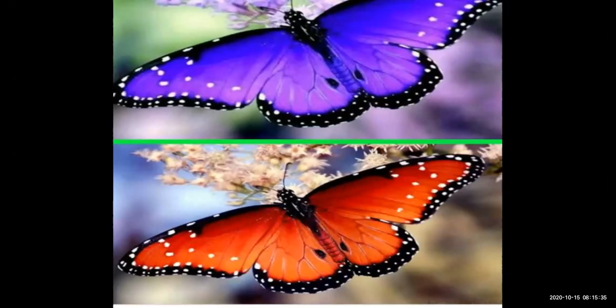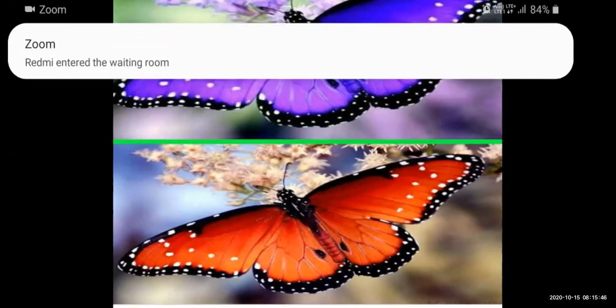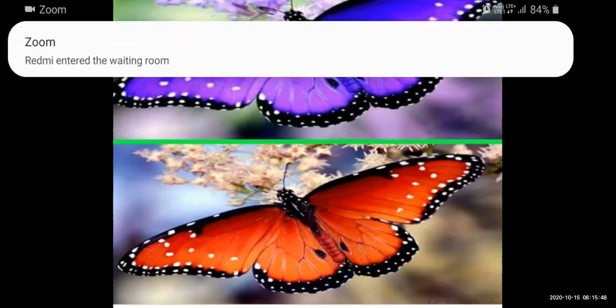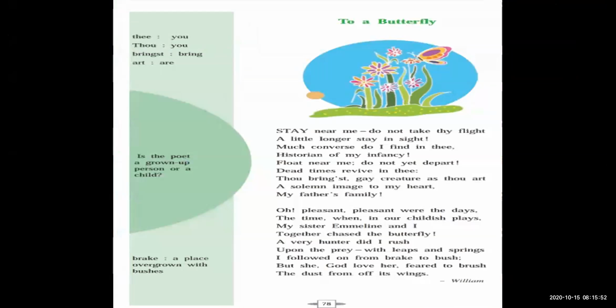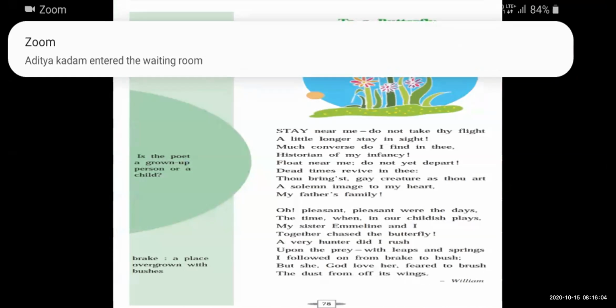Again, we see some pictures of butterflies. We see a beautiful design on their wings. These butterflies are very colorful. Now we start our poem. At the top of this poem, we see there are some flower plants and the butterfly is sitting on them.